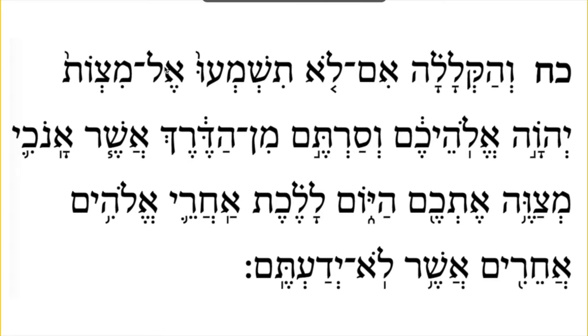If you don't listen to... and do you remember this word? Can you say this word? Mitzvot. Mitzvot, to the commandments, and this is also pashta. So tishmeu, just like that, we'll say el mitzvot. Tishmeu el mitzvot. Great.